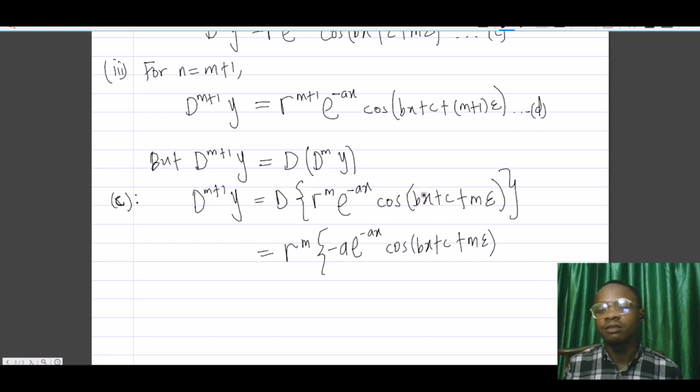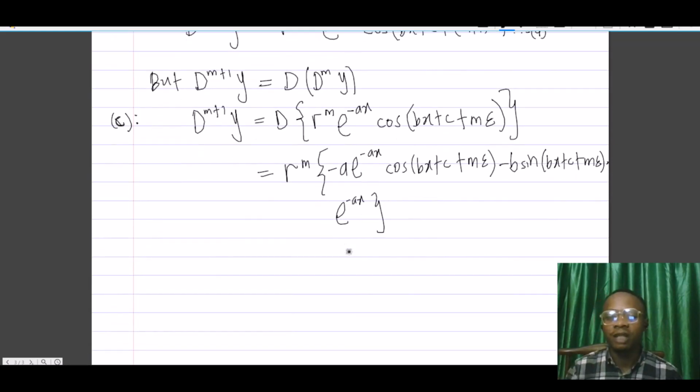We know that the derivative of what we have inside is b, and the derivative of cos whatever is minus sine whatever. So this is going to be minus b sine of whatever we had inside, bx plus c plus m epsilon. All right, and then we multiply by this. We have taken the derivative of this, then multiply by e to the power of minus ax, which is kept as constant. So this is everything we get from this derivative.